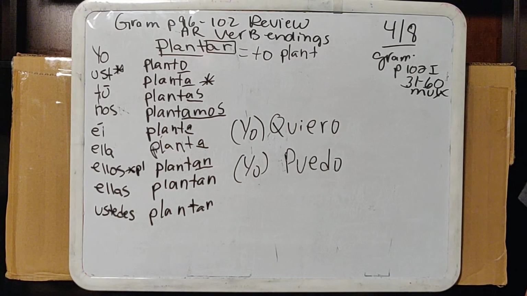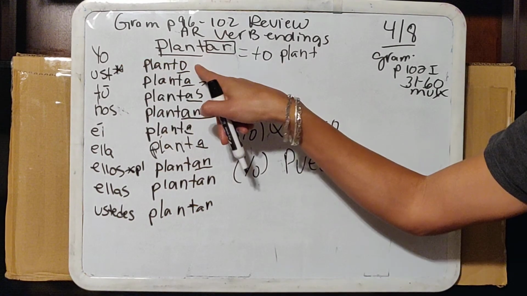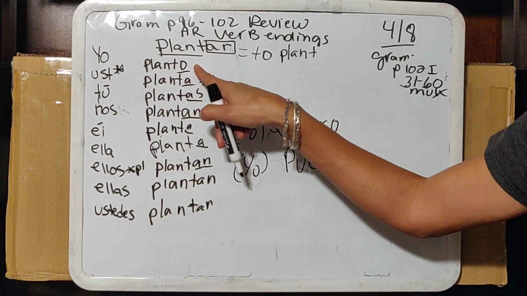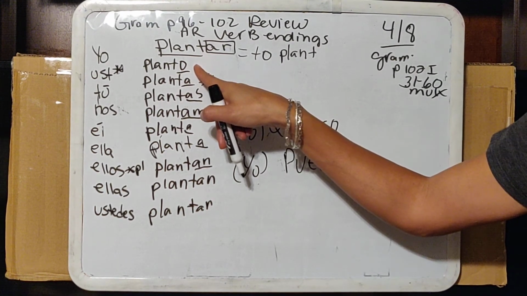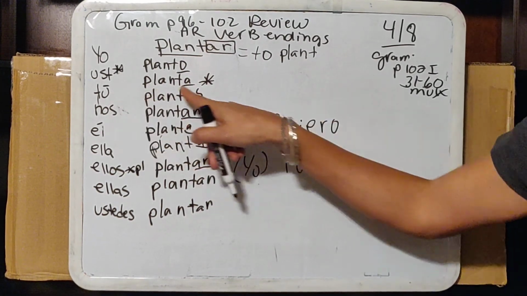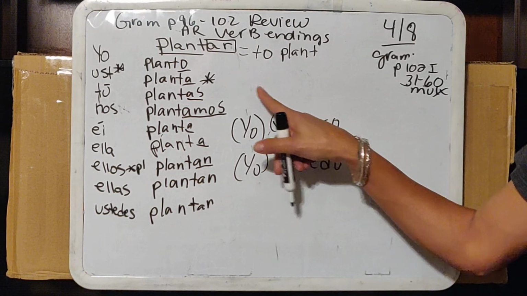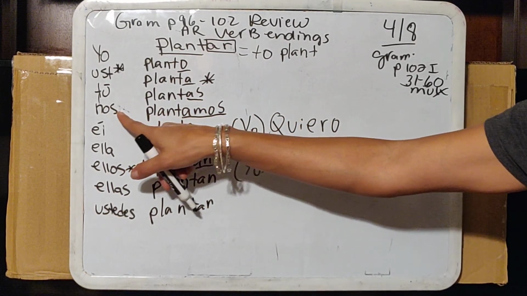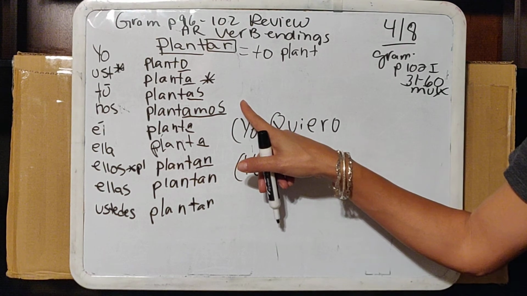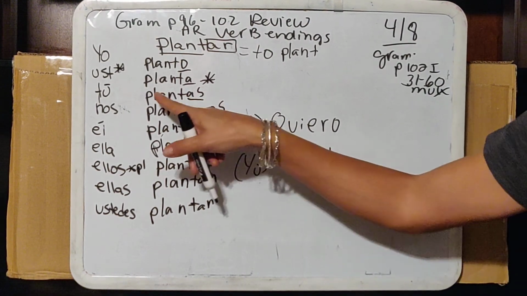In grammar of Spanish, you are allowed to drop the yo and simply say planto, like planto la rosa, without saying yo planto la rosa. You can do the same thing with tú. Tú plantas la rosa is the same as plantas la rosa. And you can do the same thing with nosotros plantamos la rosa or plantamos la rosa without saying nosotros.